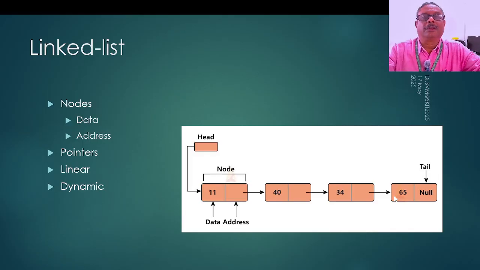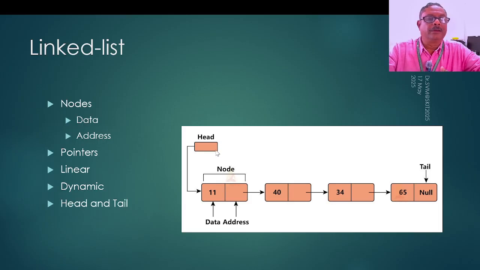If we want to store five data, we just add one more node after the end, and instead of a null here, we write the address of the next node wherever it is situated. On that last node we write a null at its address, and we start calling that last node the tail, and the first node the head.